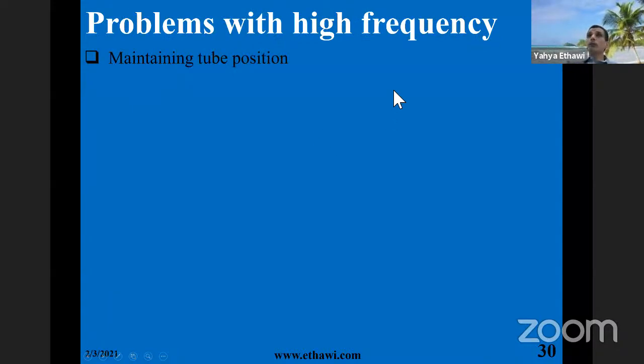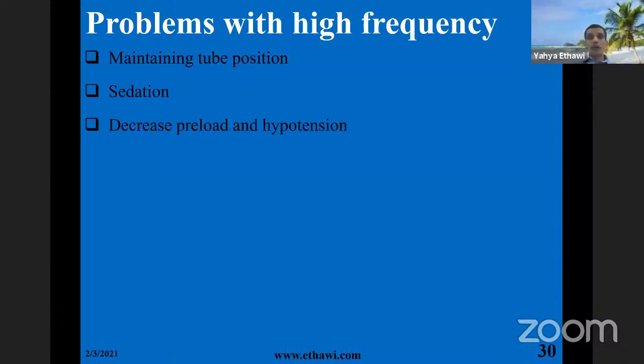What is the problem when you ventilate a baby on high frequency? First, the position of the ETT is a big problem. Second, sedation after a few hours of high frequency. Third, decreased preload and hypotension.